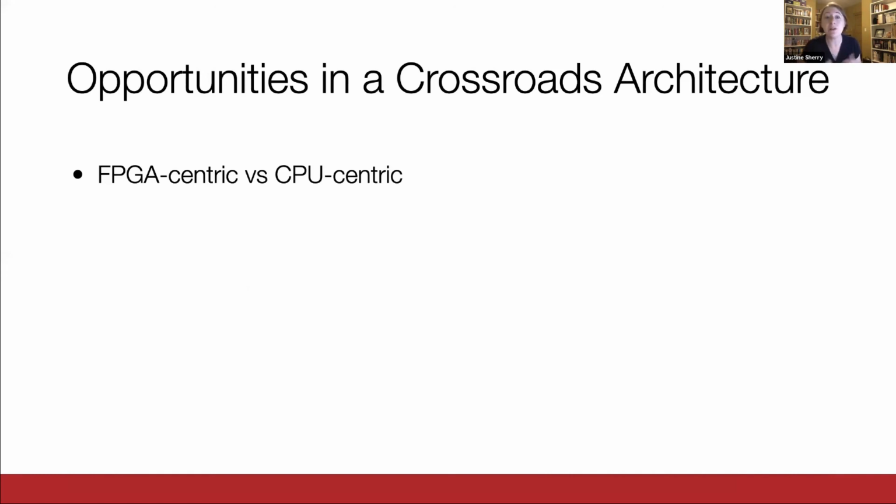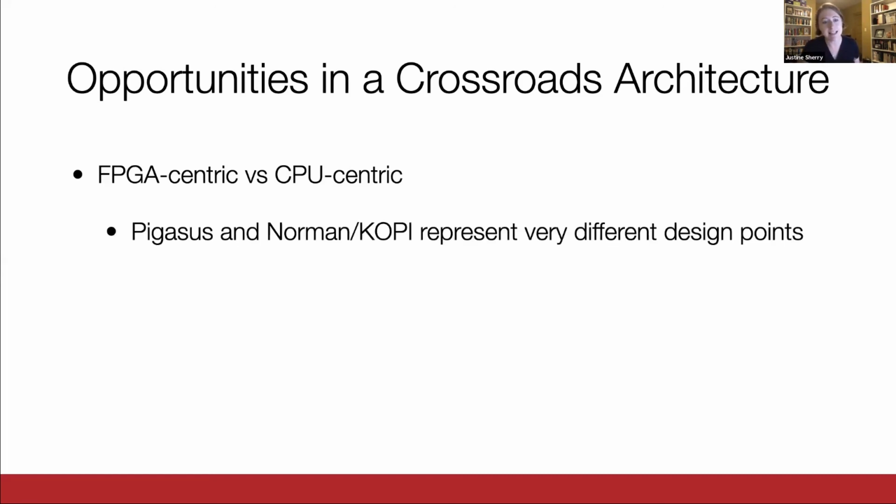Norman is a much more CPU-centric design. We want to run traditional applications. We want to run traditional web servers, traditional key value storage, deep learning frameworks, whatever. And we're just pushing their networking stack onto the FPGA. But it's the CPU that's telling the FPGA what to do. And so in that regard, Pigasus and Norman and the KOPI architecture that it implements represent very different design points, even though both of them make heavy use of the Crossroads architecture.